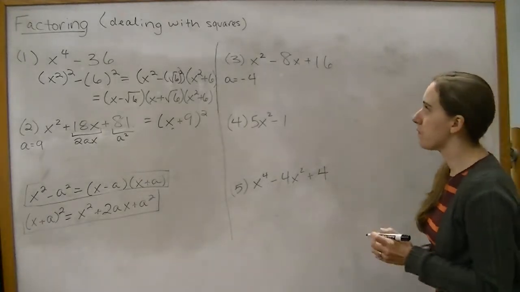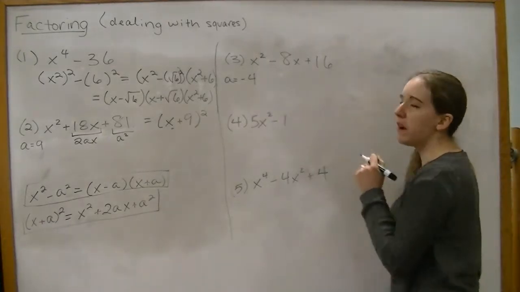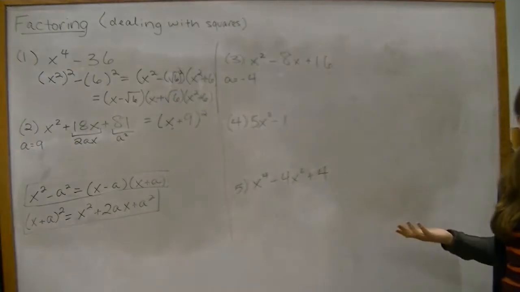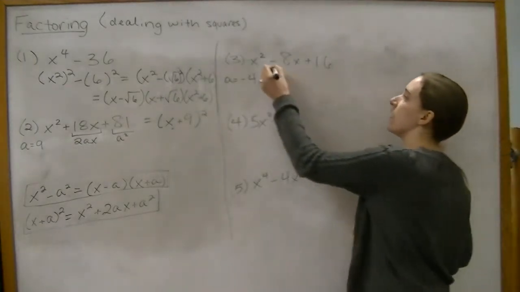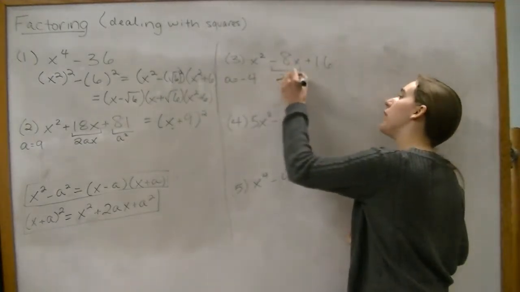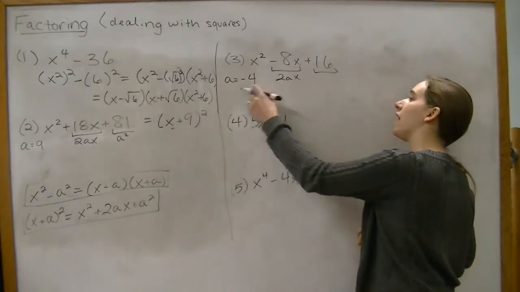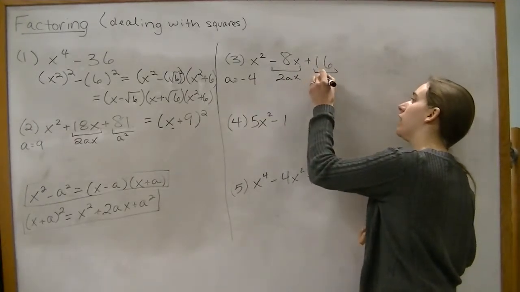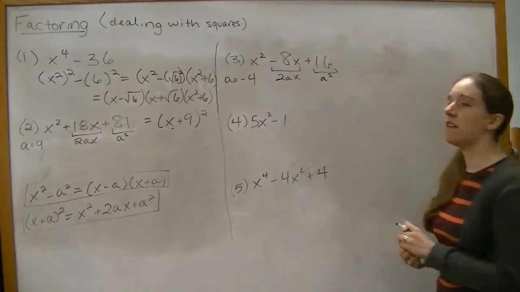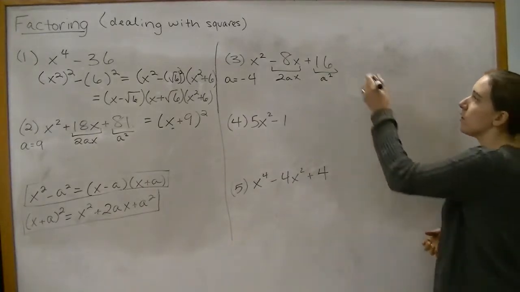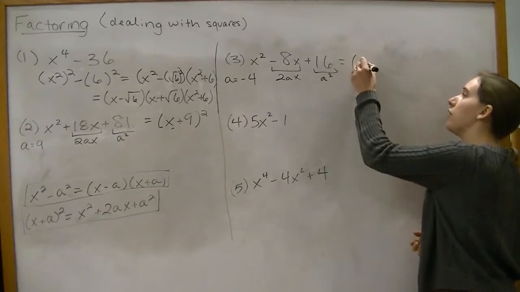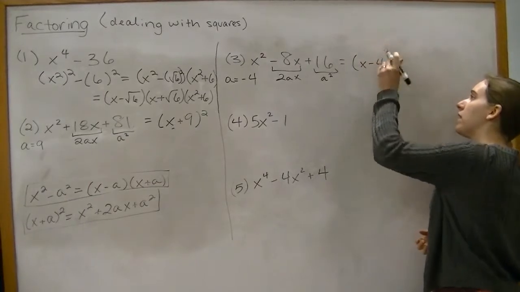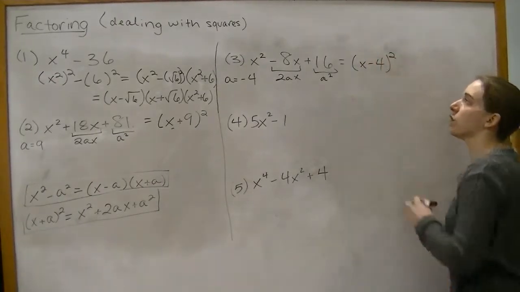So what's negative 4 squared? Well, that's the same thing as positive 4 squared, or 16. So indeed, we get 2ax here, and if a is negative 4, this is the same thing as a squared. So if a is negative 4, what we end up with is x minus 4 squared.